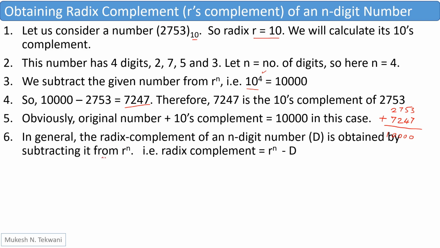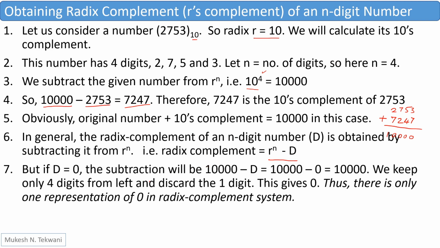In general, if we have an n-digit number, let us say that number is d, and we want to calculate the radix complement, the radix complement is given by r raised to n minus d. Let us compare it with the example we had: r raised to n was 10 raised to 4, minus d, the original given number 2753.